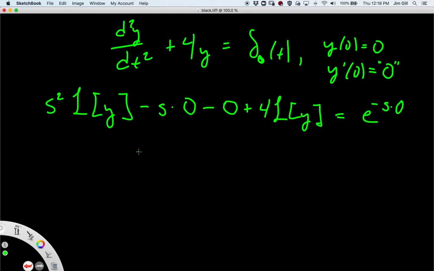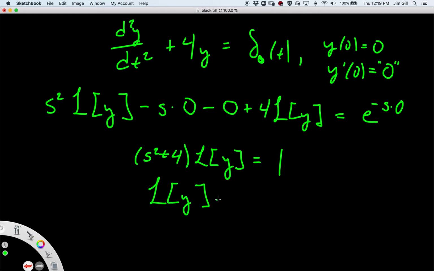So when the dust clears here, we have s squared plus 4 times the Laplace transform of y equals 1. E to the minus s times 0 is 1. So that means the Laplace transform of y is 1 over s squared plus 4.